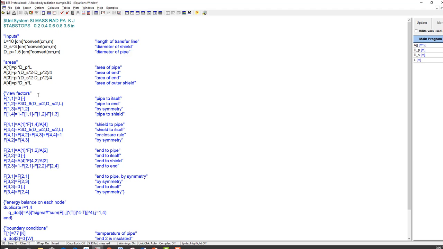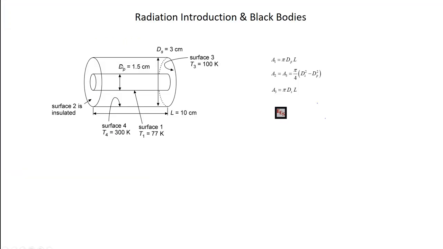The next thing I have to do is figure out my view factor matrix, right? I have 4 surfaces, and each surface has a view factor to each of the other surfaces, so it's going to be a 4x4 matrix that needs to be filled in. How you do this is a little bit fun and kind of like a logic puzzle sometimes.